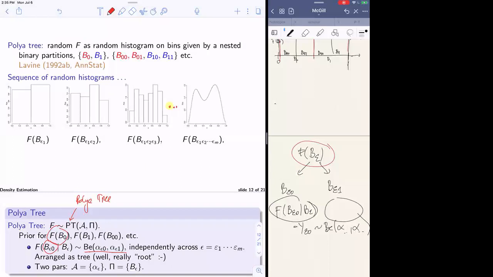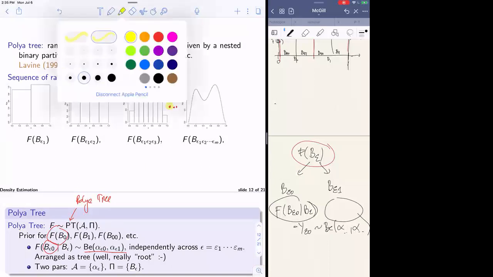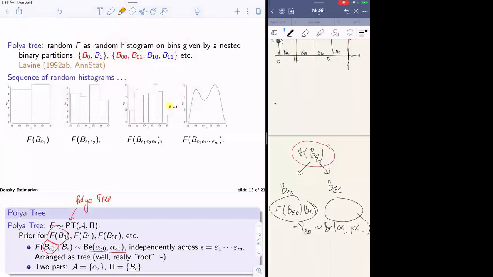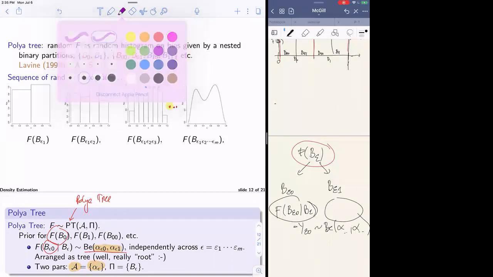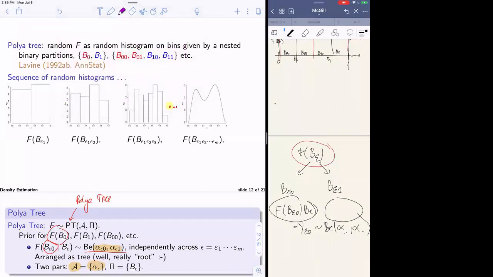In that definition, I made use of two sets of parameters. One was the set of hyperparameters, the parameters of these beta distributions for the conditional probabilities. So that's one parameter that I need. And the second set of parameters really are these partitioning subsets, like the B sub epsilon.